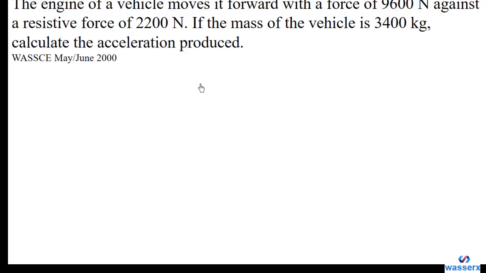From the previous one, we saw that the acceleration is equal to force over mass. But note that the force is a net force. So the net force will be equal to 9,600 newtons minus 2,200 newtons.